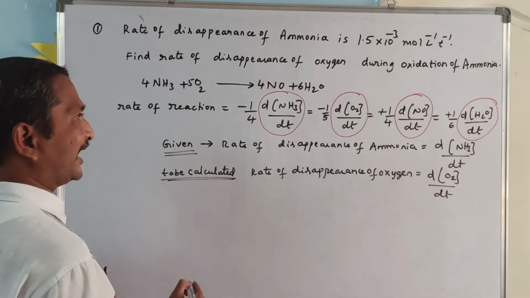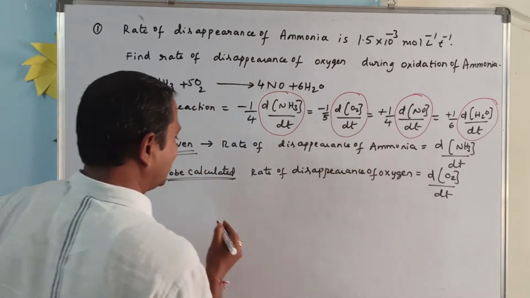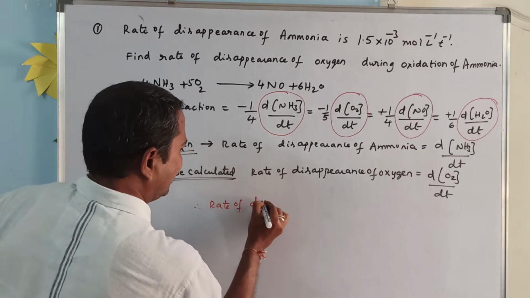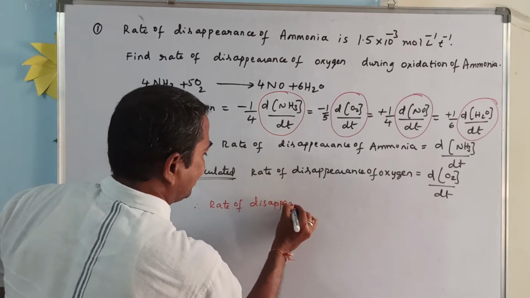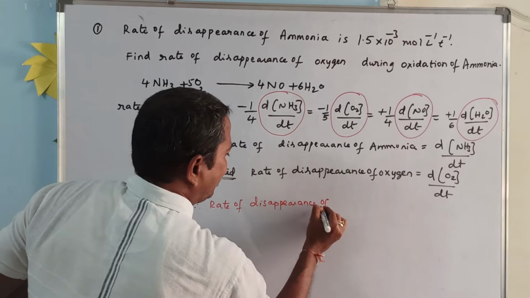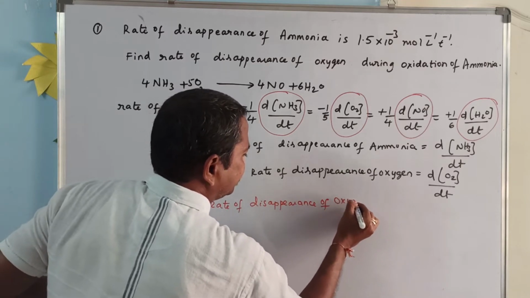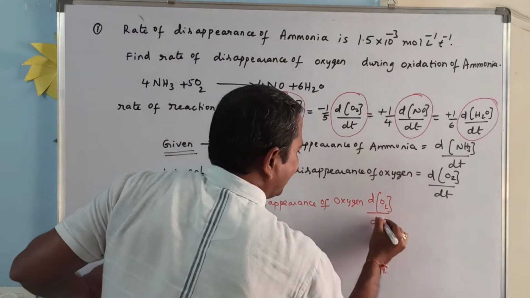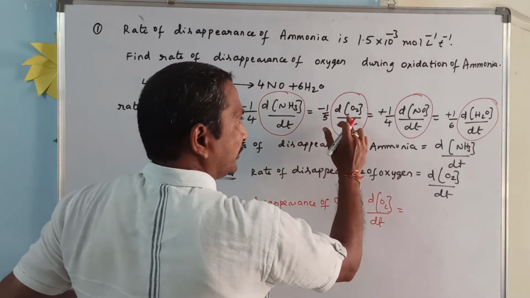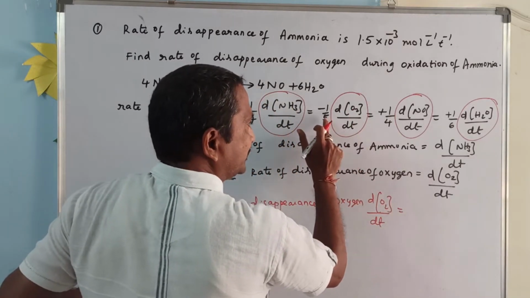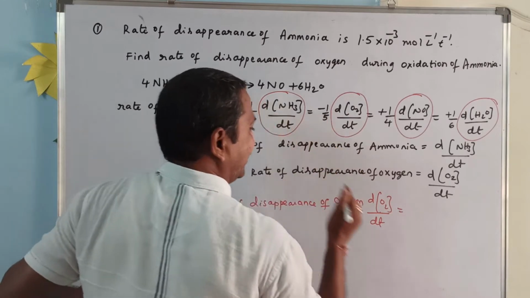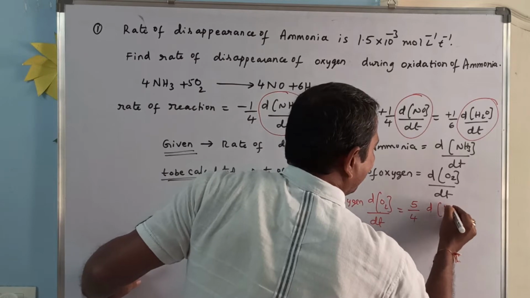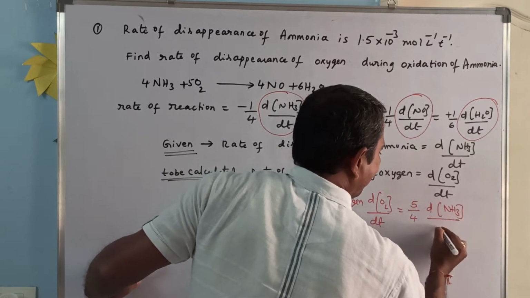Now we should calculate the rate of disappearance of oxygen. Therefore, the rate of disappearance of oxygen, that is d of O2 by dt. To calculate this one, we should change 5 from this side to this side: 5 by 4 d of NH3 by dt.